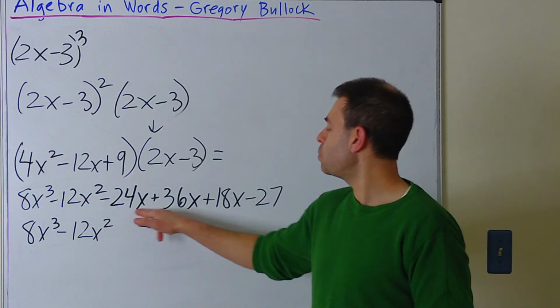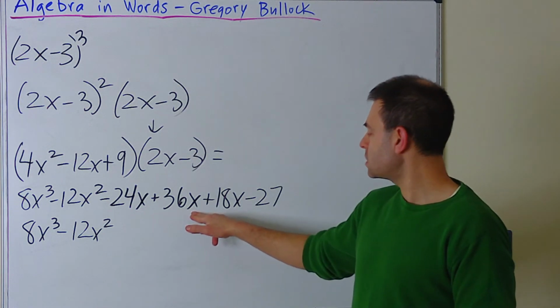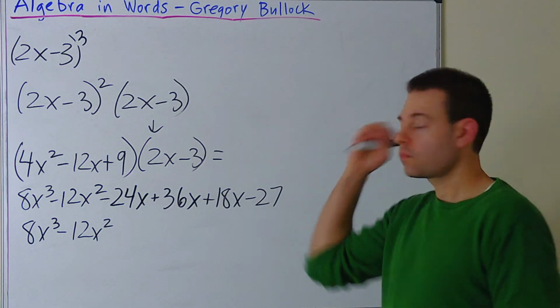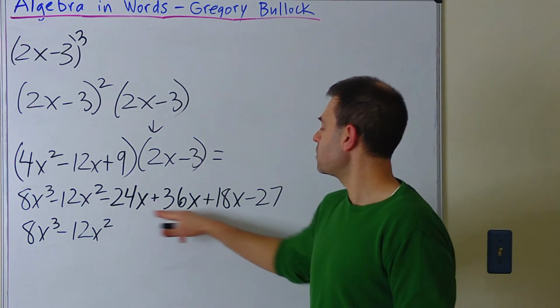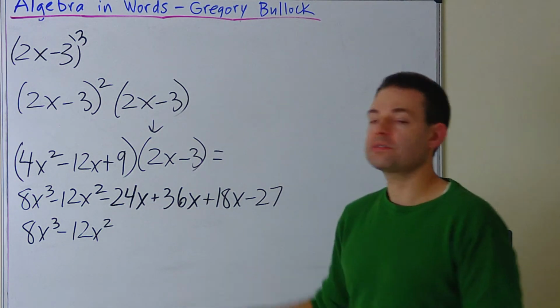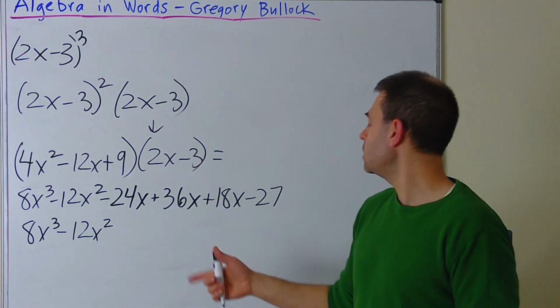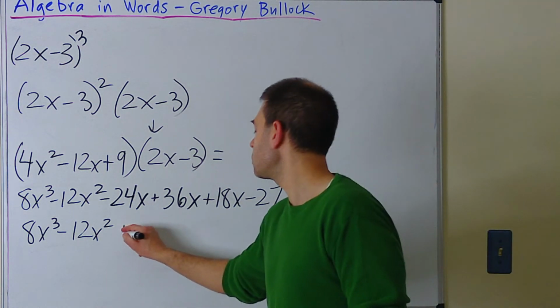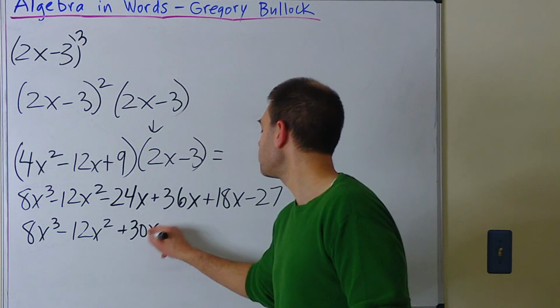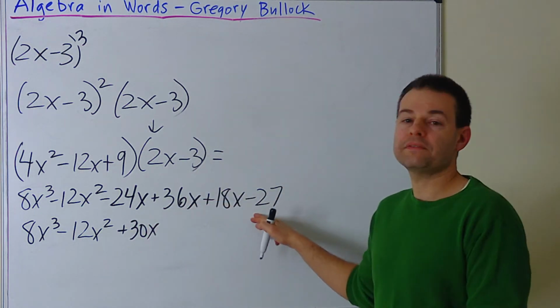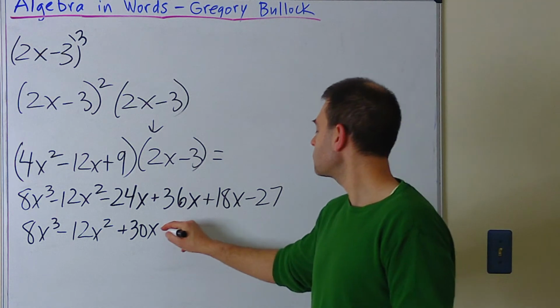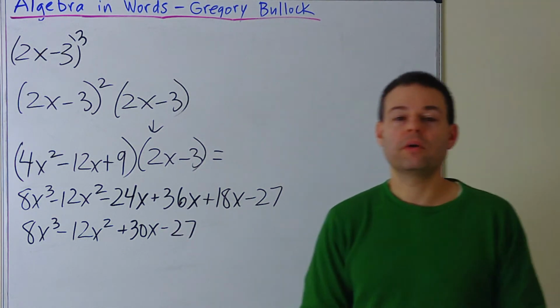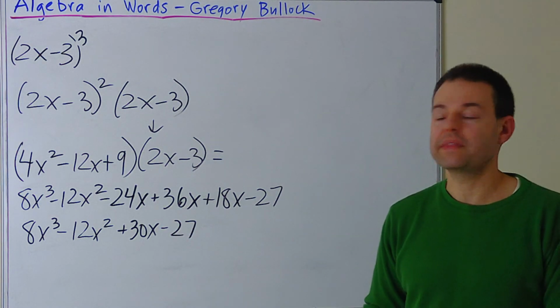Well, we have negative 24x, 36x, and 18x. Let's do these two first. Negative 24x plus 36x is 12x, plus 18x is going to give us 30x. So write the 30x. And the only term left is the minus 27. There are no other like terms with that, so we'll just write that.